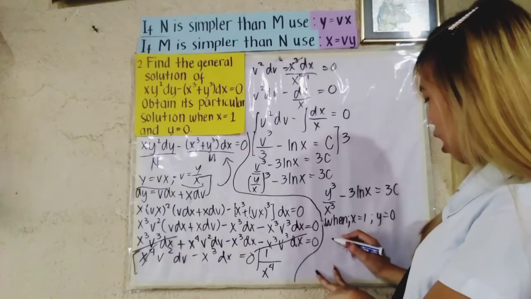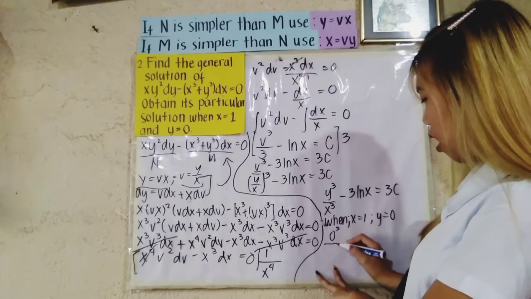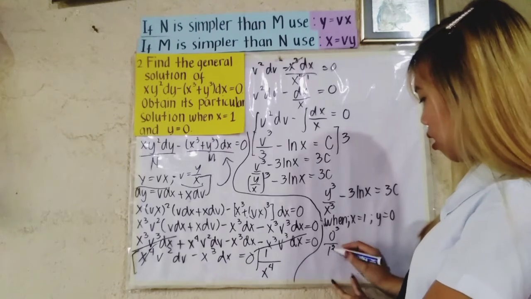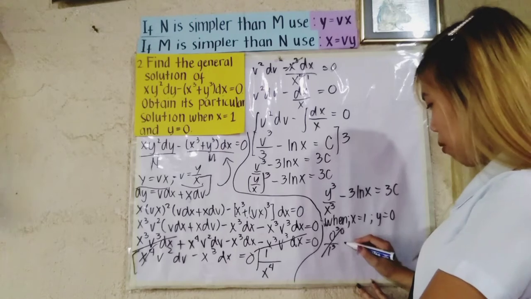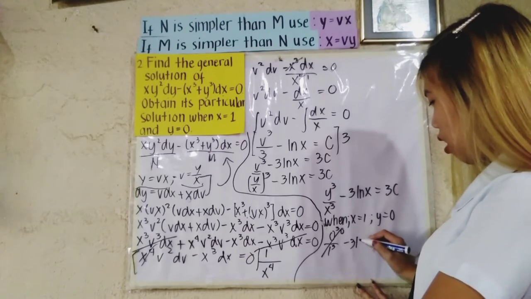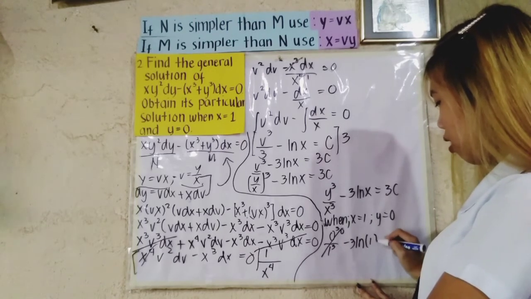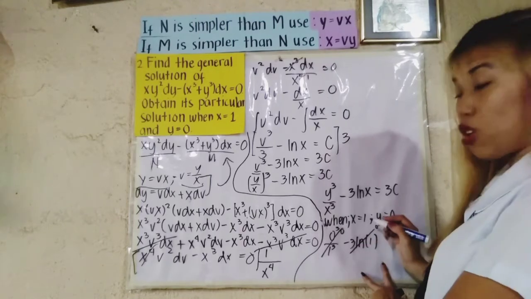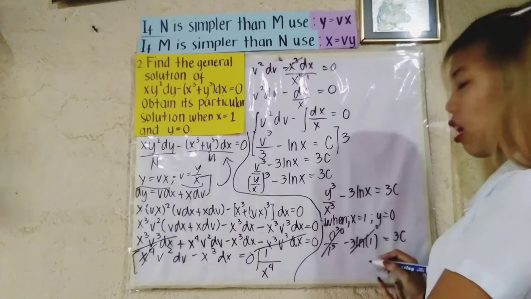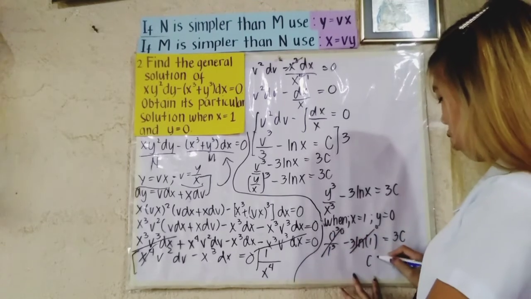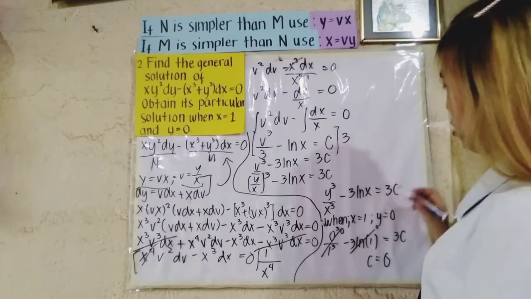So, we have here 0 na naka-raise sa 3 and 1 naka-raise sa 3. So, 0 pa rin siya kasi meron tayong numerator na 0. So, minus 3 ln, value ng x is 1. Still, 0 pa rin to. Pag kinalculate nyo, 0 pa rin yan. Then, equal to 3c. So, we have a value of c na 0.